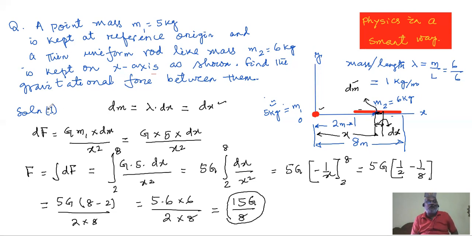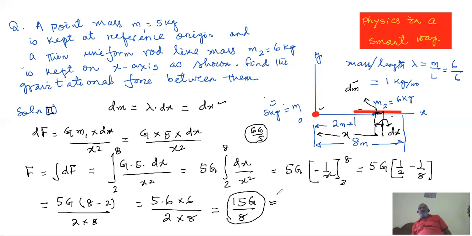that is solution 2. Solution 1 did give us a value, and that was 6G by 5, and solution number 2 gives us 15G by 8.